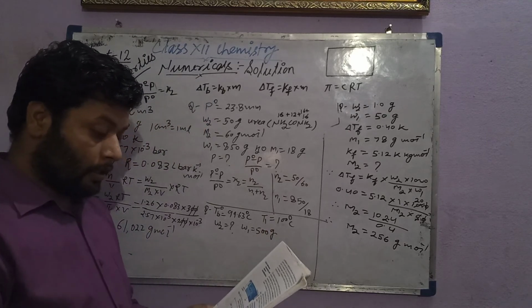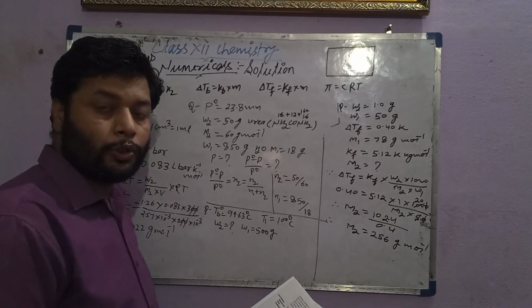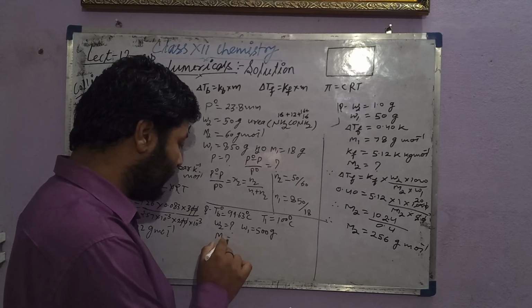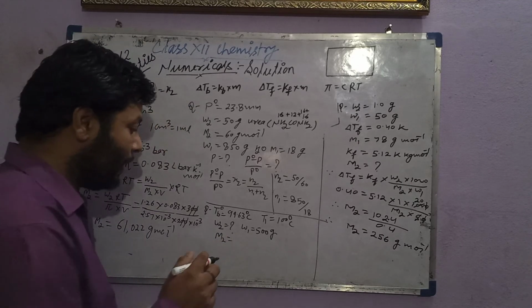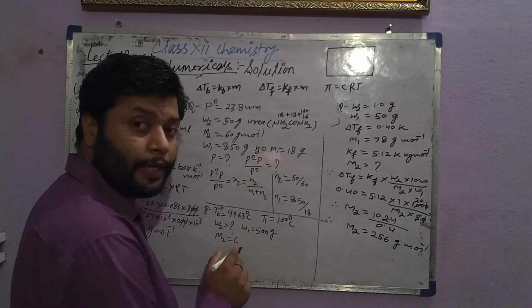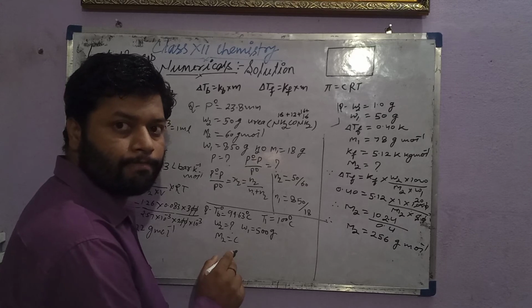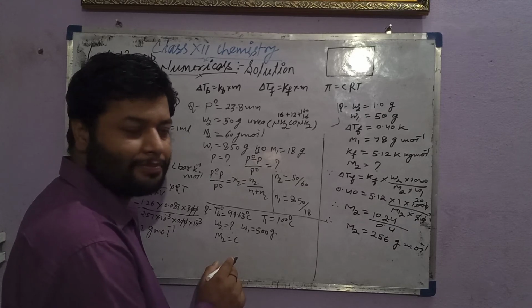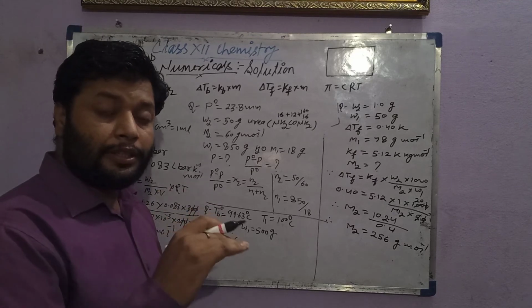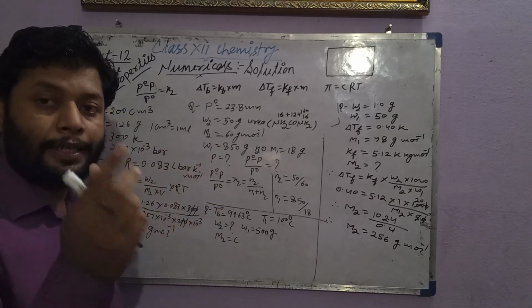You can calculate the molar mass of sucrose by taking its formula. The formula of sucrose is double the formula of glucose minus water.